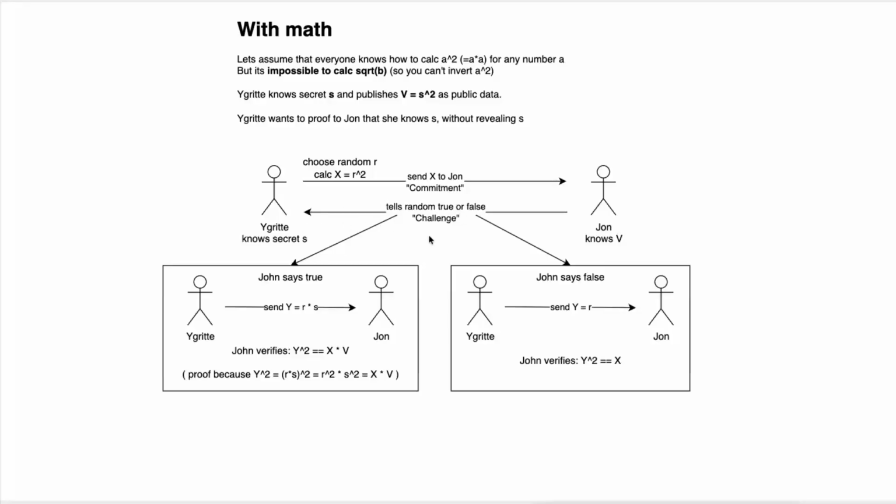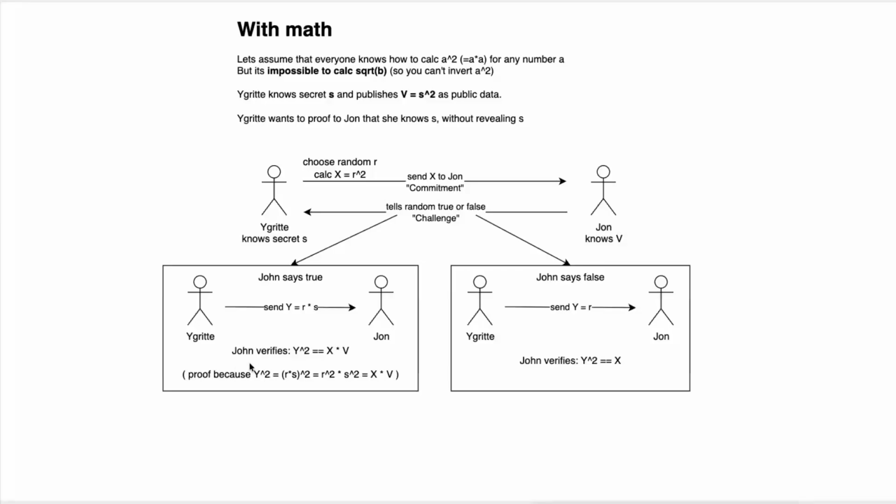This is true to that or false to the other thing. If John says true, Igwit needs to calculate her random number from the beginning times her secret and sends that to John. John can now verify that the square of what she just sent, the y, equals x times v. So original commitment times v.